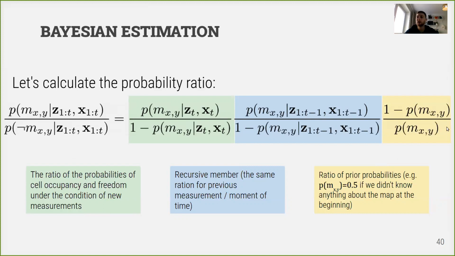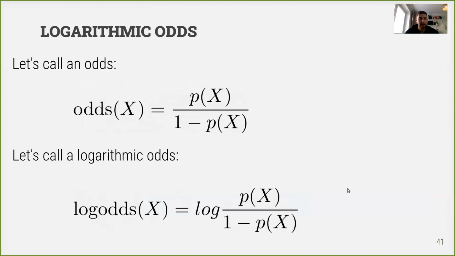We have to somehow estimate our prior probability. For example, if we know that we're, I don't know, on a road, right? We're a car driving on a road. We know that the probability that space is free is higher than the probability that there is an obstacle. That's why we can, as a prior probability, use some other number, which tells that the probability of cell being free is higher than probability of a cell to be occupied.